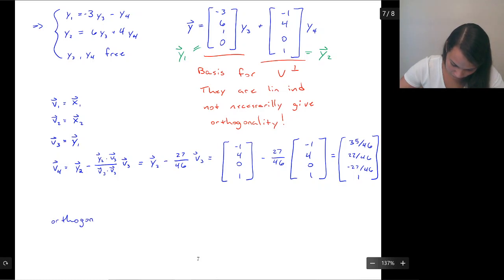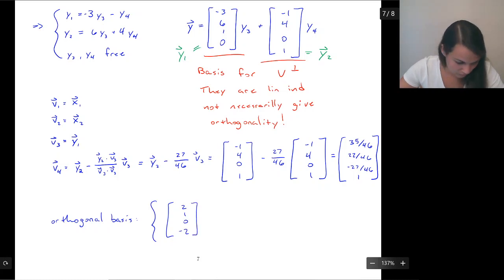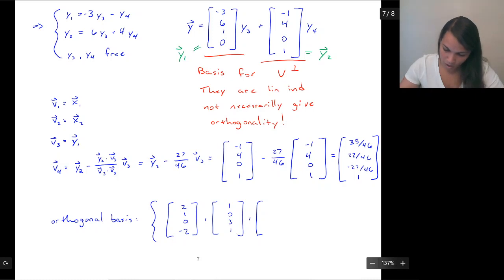Orthogonal basis is going to be V1, which was just x1. So 2, 1, 0, -2. And then V2, which was just x2, 1, 0, 3, 1. Y1, which would be -1, 4, 0, 1.